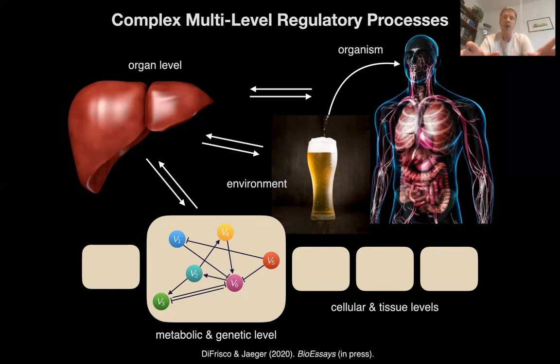And so you have this very complicated multi-level system that's heavily driven by feedback. That's very important. So this feedback regulation and multi-level interactions, I would say, are the defining characteristic of these complex regulatory processes, for example, developmental processes that we are most interested in this lecture.